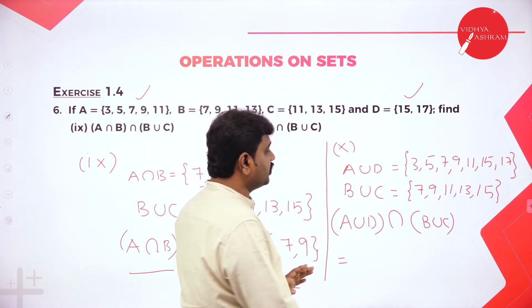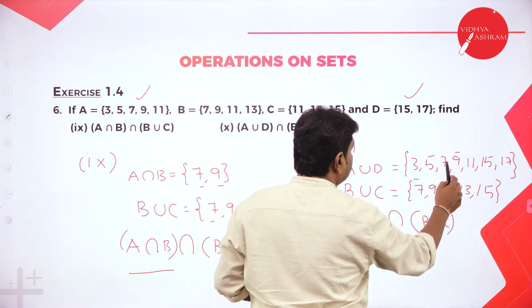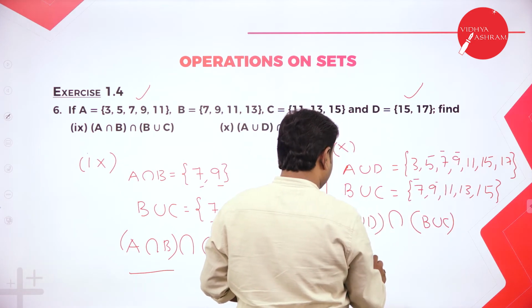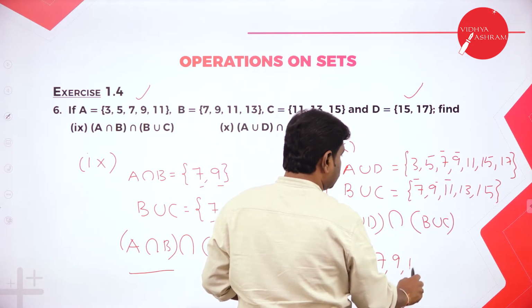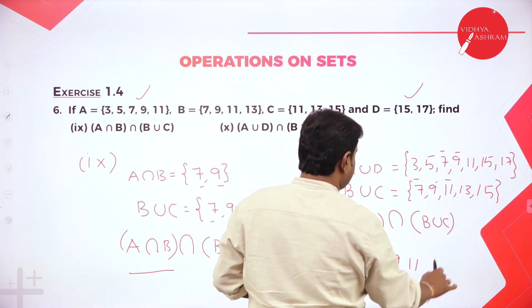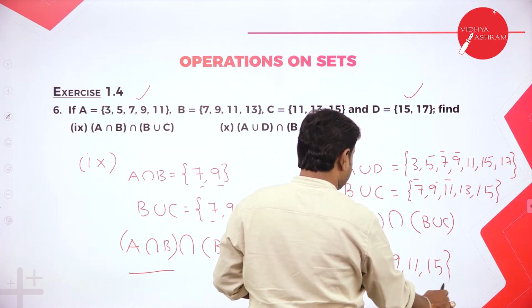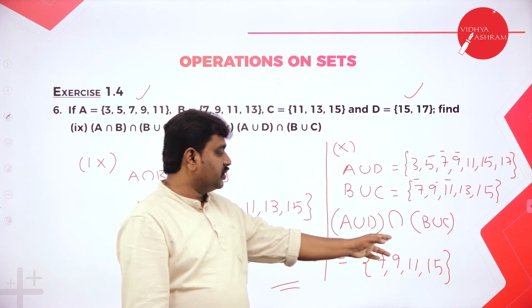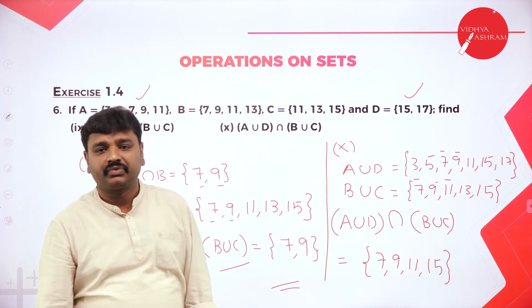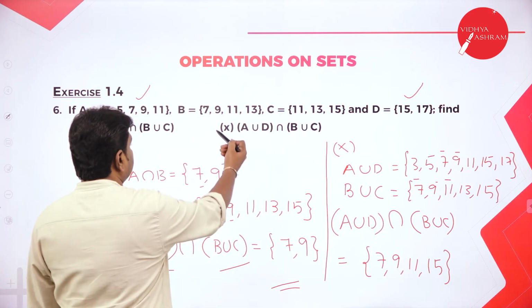What are the common elements? 7, 9, and 11 is also common in both. 13 we don't have. 15 is common in both. So the answer is 7, 9, 11, 15. This is A union D intersection B union C. So now we are done with the 10th one.